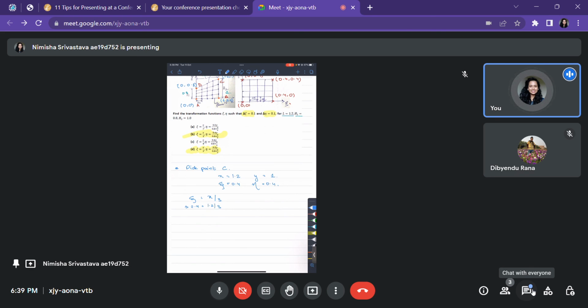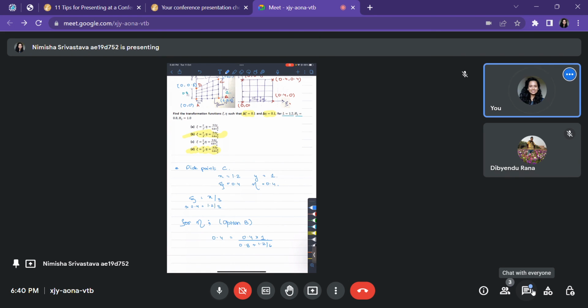Now we need to cross check with respect to eta, right? So let's take option B first. We have 0.4 in here, y is 1, we have 0.8, and we have x by 6, that is 1.2 by 6.